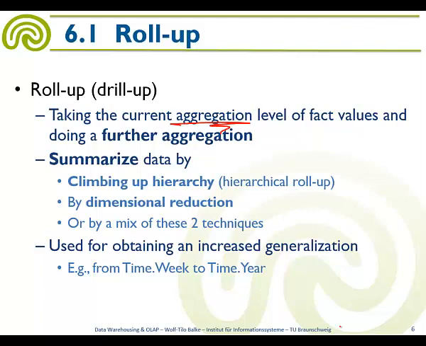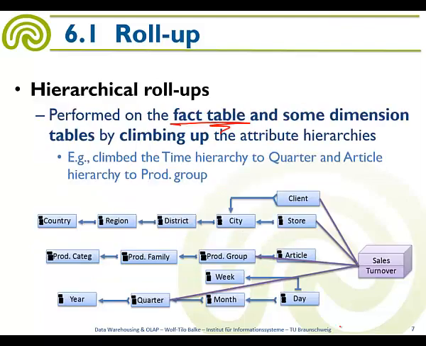A typical hierarchical roll-up would be kind of that you take the fact table, so it's already right, and some dimension table. So we have the fact table here, and some dimension table. For example, here the product group, right? And you just kind of skip the article, the individual article, and directly work on product group.